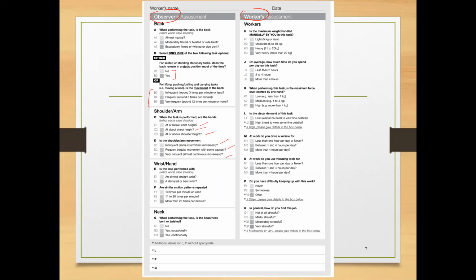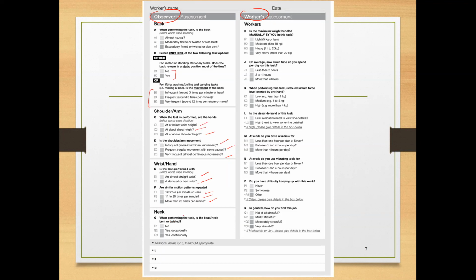The wrist and hand: is the task performed with an almost straight wrist or elevated or bent wrist, are similar motion patterns actually repeated 10 times per minute or less, 11 to 20 times per minute, or more than 20 times per minute. And then, of course, the question related to neck.